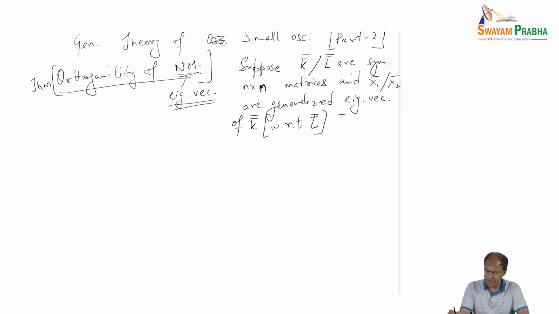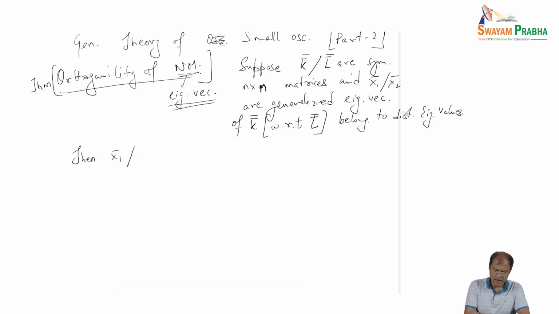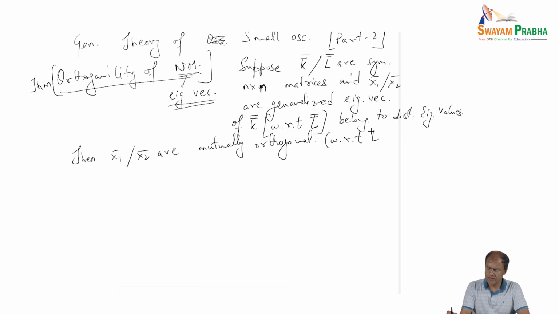They belong to distinct eigenvalues. Then x1 and x2 are mutually orthogonal with respect to the matrix L, in the sense that x1 transpose L x2 is 0.